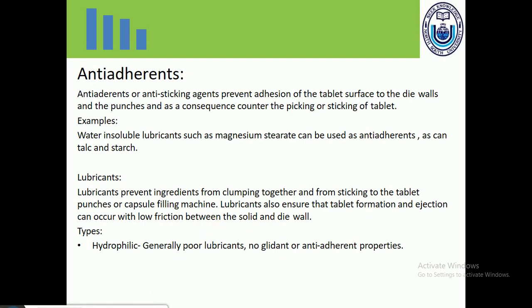There are different types of lubricants which are used. They may be hydrophilic in nature or hydrophobic in nature. Hydrophilic are water loving species, generally poor lubricants with no glidant or anti-adherent properties.